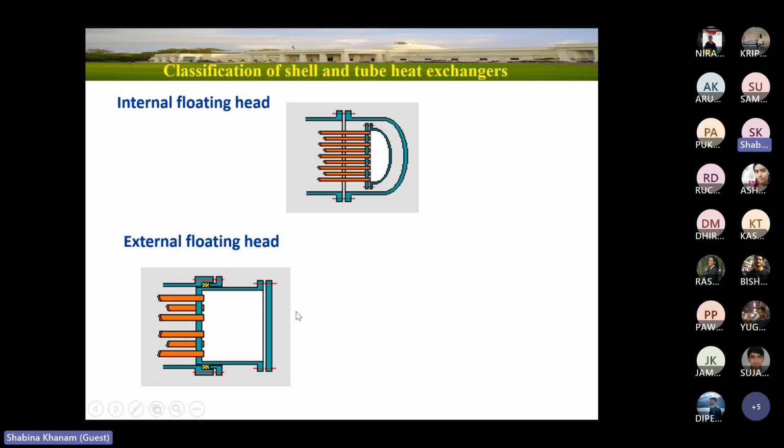In that case, if your fluid is of toxic nature, or if you are using flammable fluids in the shell side, external floating head should not be used. If you need to accommodate more toxic or flammable fluid, allocate that to the tube side, because there is no possibility of leakage.